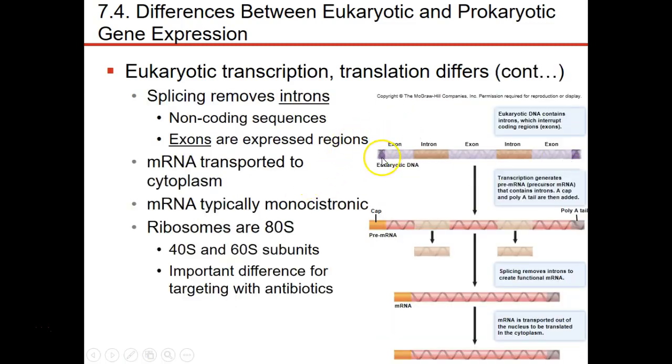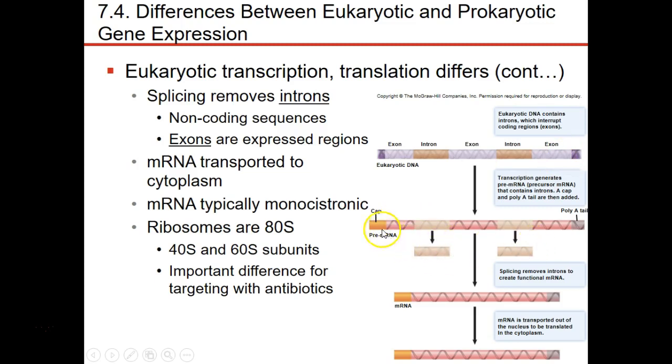So when we produce that original transcript, we have what we call immature messenger RNA. DNA in eukaryotes contains the expressed portions, which are the regions that code for a protein, but in between we have regions that don't code for the protein. So these are called introns. We have to get rid of these introns and splice together the exons.